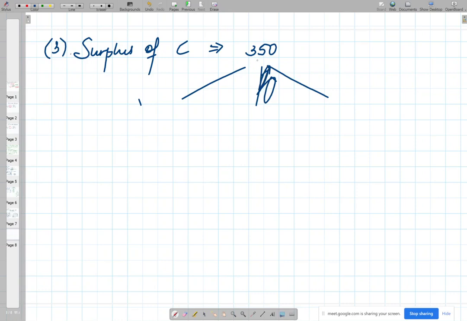How many underwriters are left? You have just two underwriters, that is A and B. C we have said already has a surplus, correct? So the remaining underwriters, A and B, will get this surplus. That means you can deduct this 350 from their liability. Fine, it's like passing on your liability.